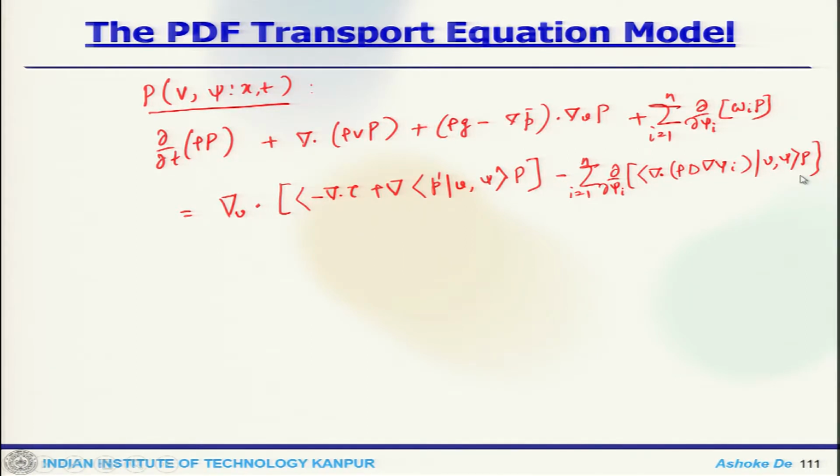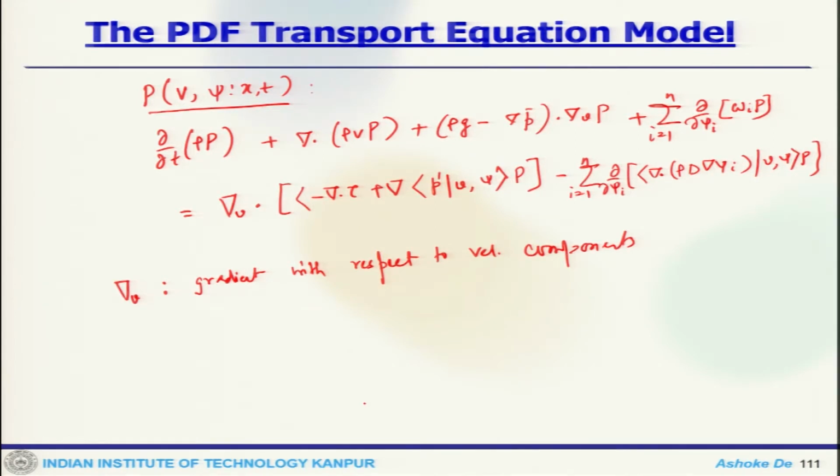So, this is the transport equation for the joint probability density function, which includes the velocity and the reactive scalar, where delta V is the gradient with respect to velocity components.